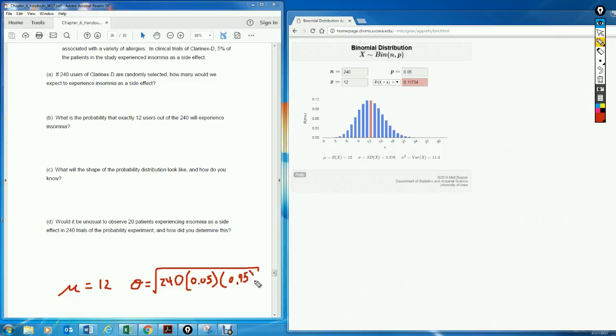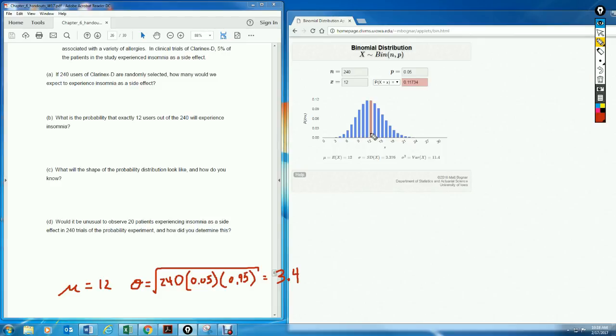All right, so go ahead and calculate that. And you should find that the standard deviation is about 3.4. So that's rounded to 1 decimal place.